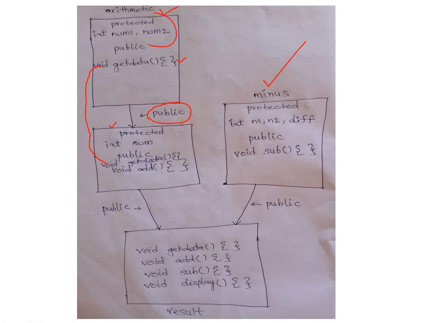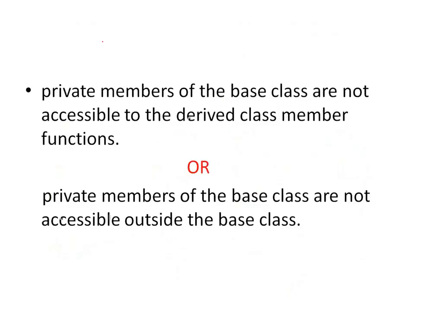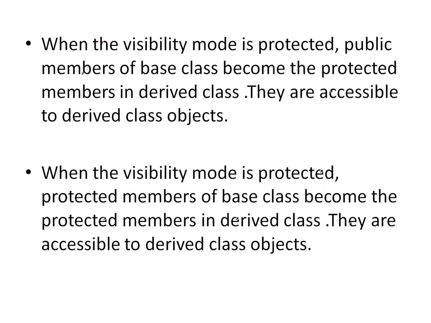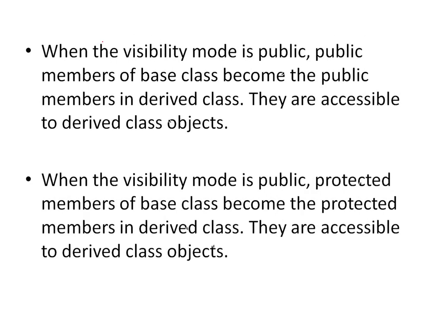Next. Look here. When the visibility mode is public, the protected members of the base class become what? Now look at the slide. When the visibility mode is public, the protected members of the base class become protected members in the derived class.